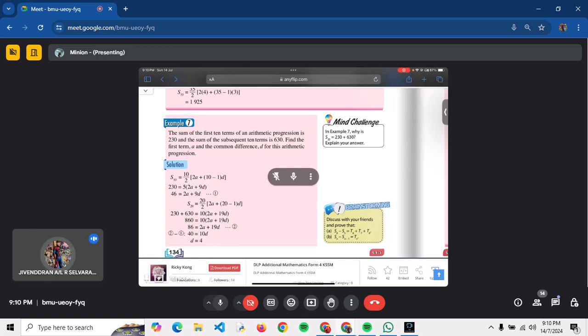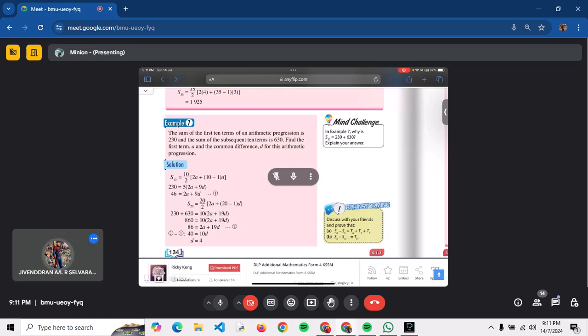So first we put S10 equals 230 into the formula, and then the N is 10 since it's S10. So 10 over 2, in bracket 2A plus 10 minus 1 close bracket D close big bracket. So A and D just keep as it is since we have to find A and D.